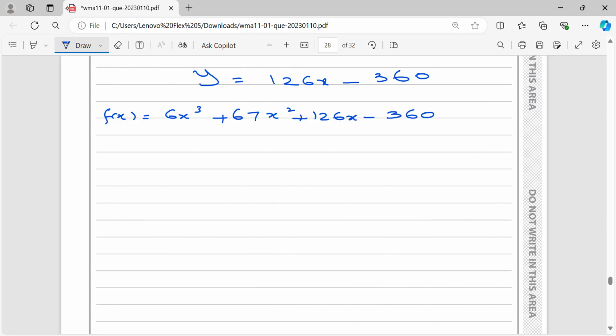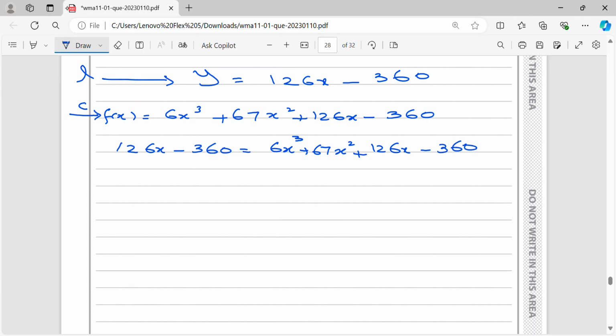Because both are intersecting each other, this is the equation of the line, L, and this is the curve, C. So I can equate both. 126x minus 360 equals 6x cubed plus 67x squared plus 126x minus 360. All right.